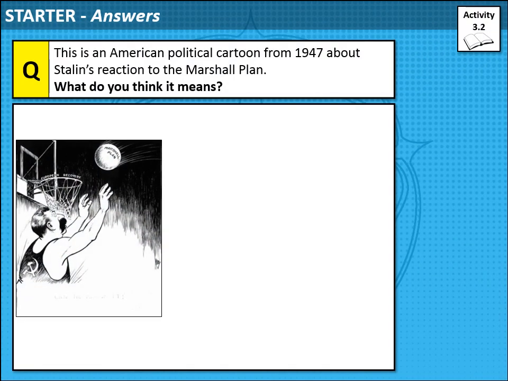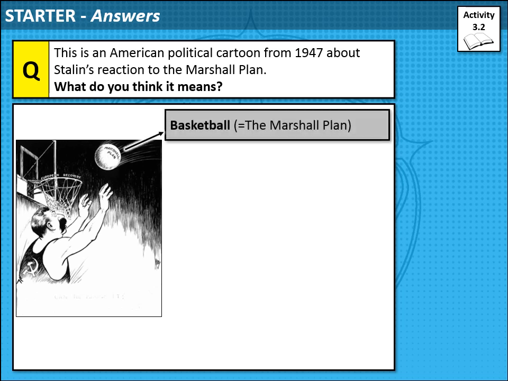So this was a really interesting cartoon. Let's look at some good answers to that question. Firstly, I'm sure you noticed the basketball here, aimed at the basket. This represents the Marshall Plan, and remember, the Marshall Plan was a key part of Truman's strategy of containment.